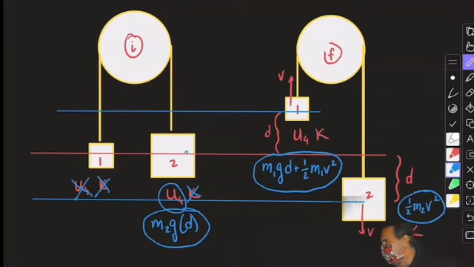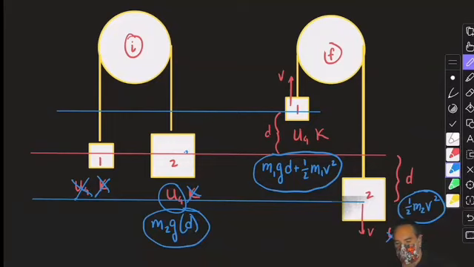Question 1 is select the correct work energy bar chart for the process, choosing block 1 and the Earth as a system only. Well, block 1 and the Earth has nothing in the initial state, so it should be empty, but there was work done on that block by block 2. And that's why afterwards it's got gravitational potential energy and it's got kinetic energy.